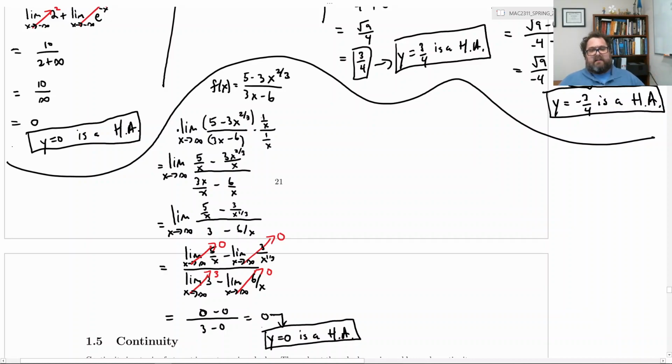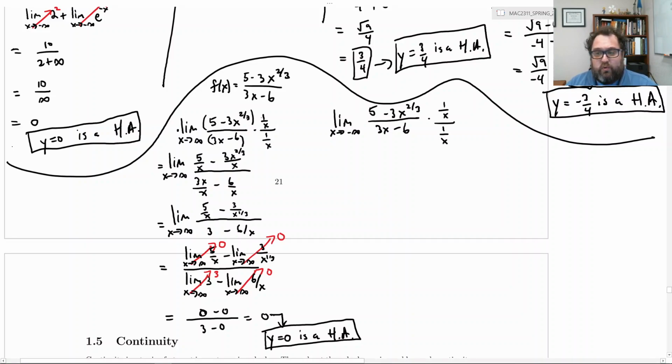Now, does taking the limit as x goes to negative infinity really change anything? I don't think so, to be honest with you. Let's think about this. If we have instead the limit as x goes to negative infinity of 5 minus 3x to the 2/3 over 3x minus 6, we divide the top and the bottom by the highest power of x in the denominator, so 1 over x.